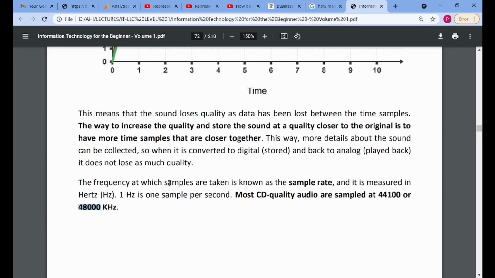So some take 48,000 hertz. And there are some new sound systems that take audio and playback audio at 92,000 hertz. Those are extremely high quality sounds.